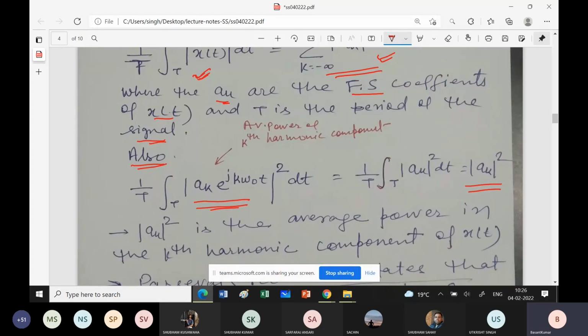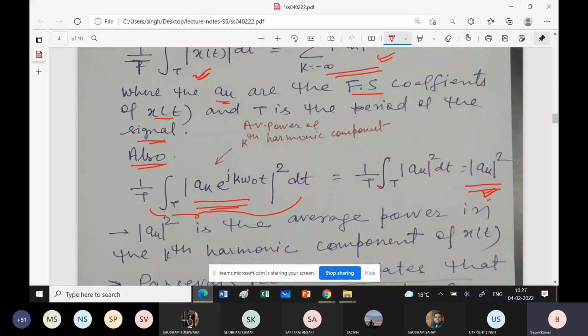So each term appearing in the Fourier series representation has a power equal to this, and this is how, using the conventional method, you can find the power of each term appearing in the Fourier series representation of x(t), which is equivalent to the square of the associated Fourier series coefficient, that is a_k.